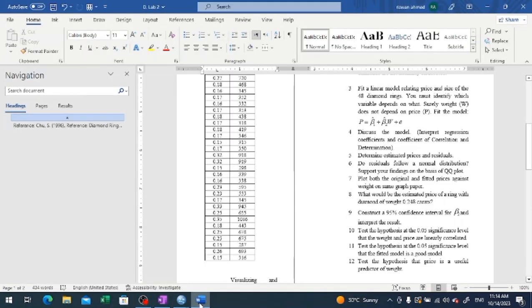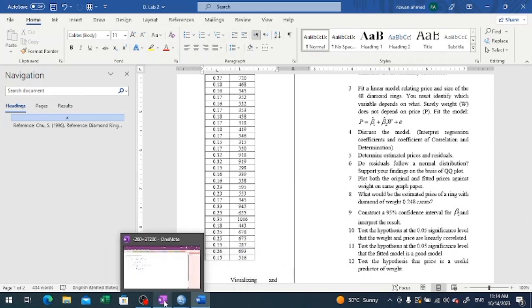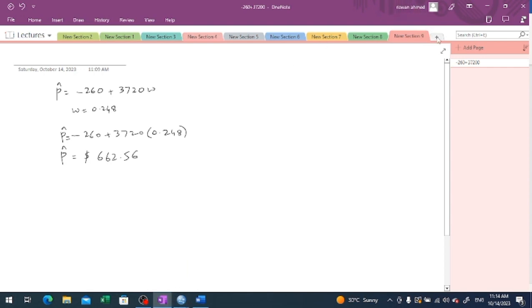Now, test the hypothesis at the 5% significance level, or 0.05 significance level, that the weight and price are linearly correlated. Since correlated is the keyword identified here, we need to focus on the correlation. So we need to first discuss the sample statistic and the corresponding population parameter for the coefficient of correlation.